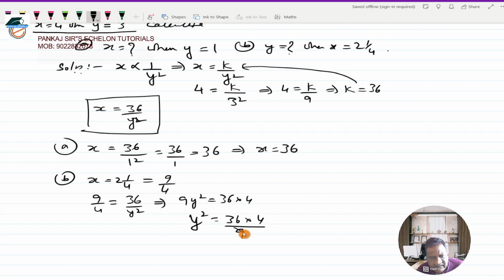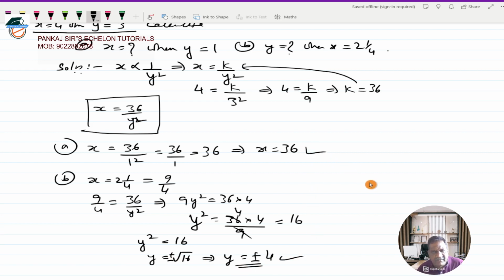Okay, so 9 4s are 36, 4 4s are 16. So I get y square is equal to 16, which means y will be equal to root of 16 plus or minus. This gives me y is equal to plus or minus 4. So this is my answer for the B part of the question. Is that clear? Okay, so question number 4 is done with.